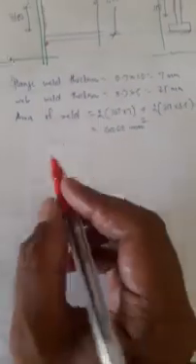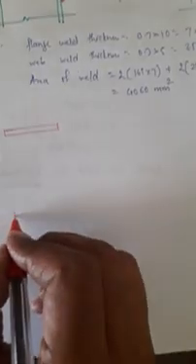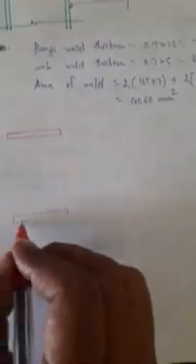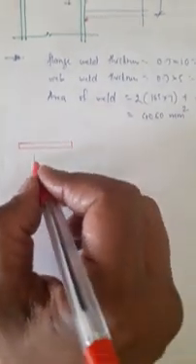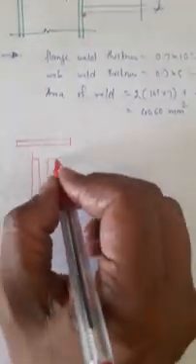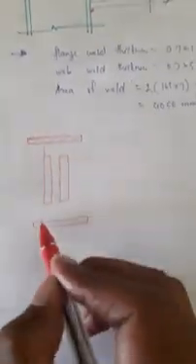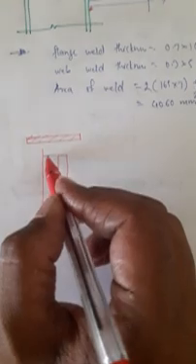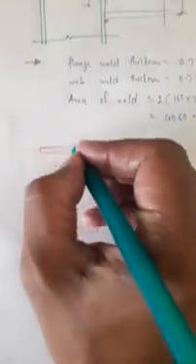Now let me draw a detailed diagram of the weld portions, only the weld. So this is the flange weld. Web weld. So this shows only the welded portions. Let me mark the CG of these separately.